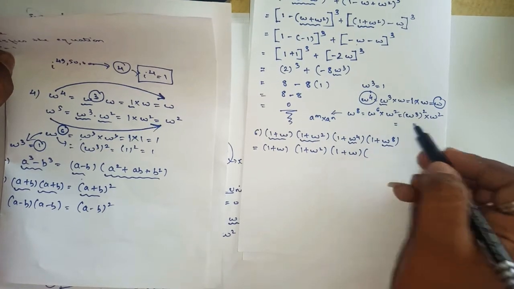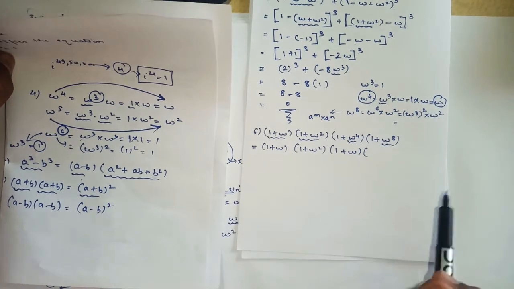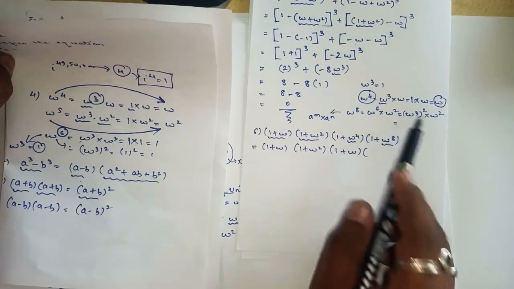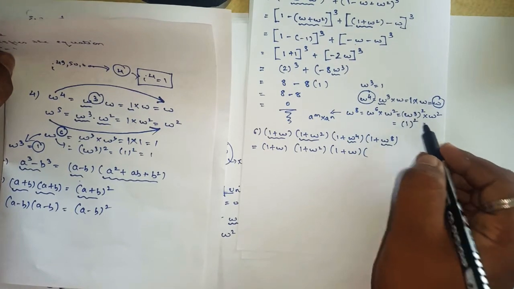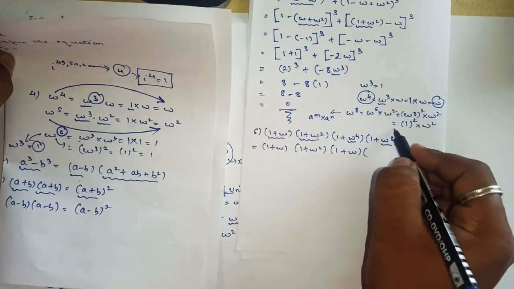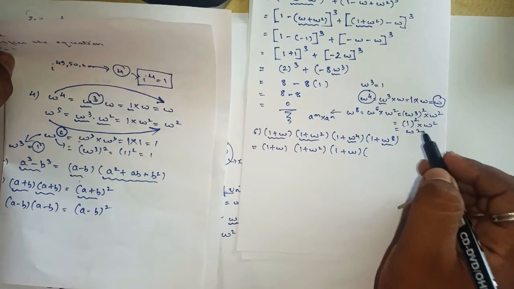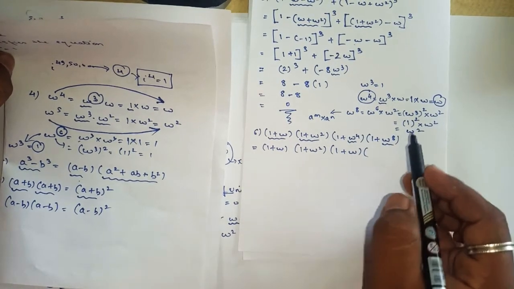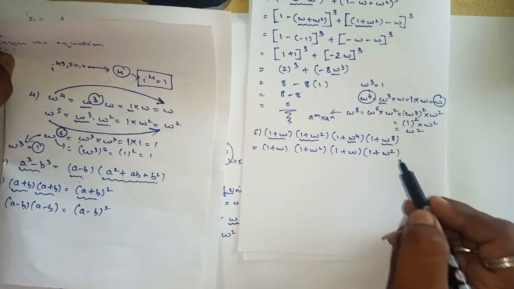Yes or no? As I told you, we have to break the term with respect to 3. So in place of w cube we can write 1. So 1 square is 1, and 1 into w square you will get w square. So here we got the answer for w raised to 8. So in place of w raised to 8 we can write it as w square.